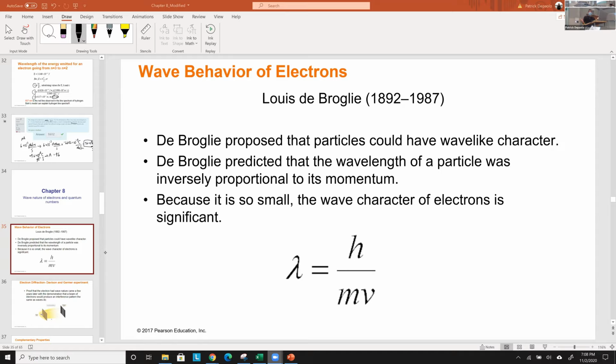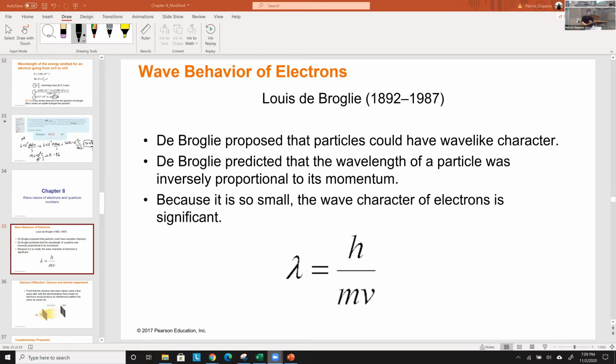So basically, we consider it to have no wavelength. That just goes to show you that he came up with something. Honestly, it's not too relevant in chemistry, but in physics it is. But anyway, here's the wavelength equation. He equated that the wavelength was inversely proportional to the momentum.